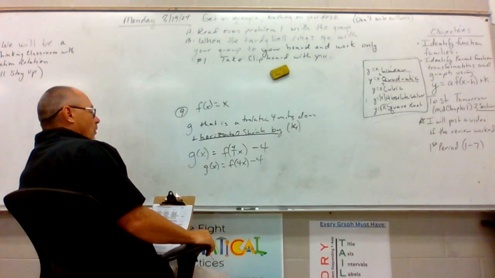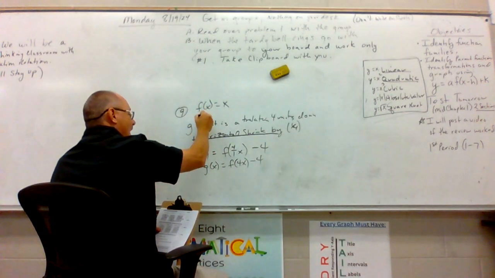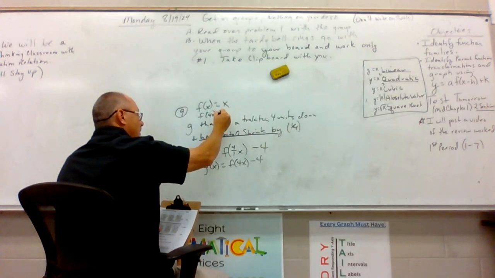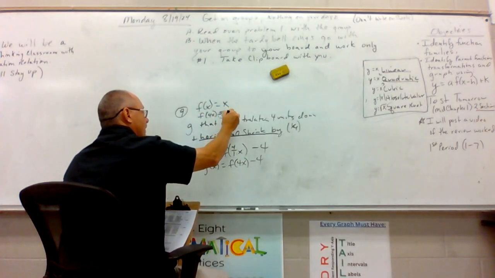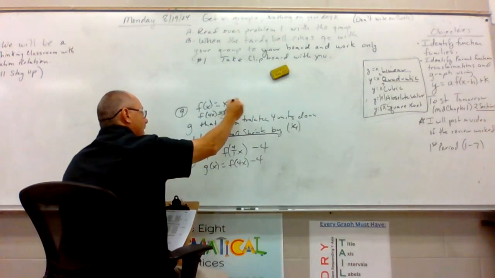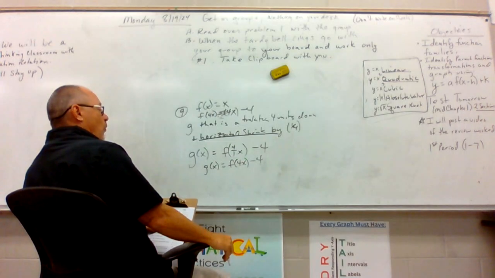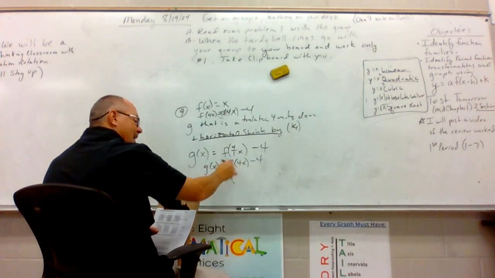So what does it mean? I'm going to take my function f, put 4x on the inside, and subtract 4 on the outside. That is 4 units down.